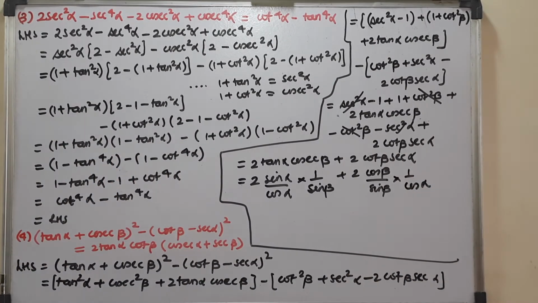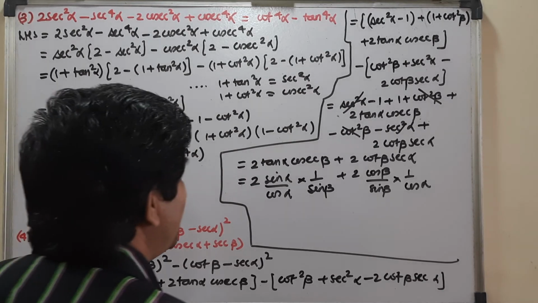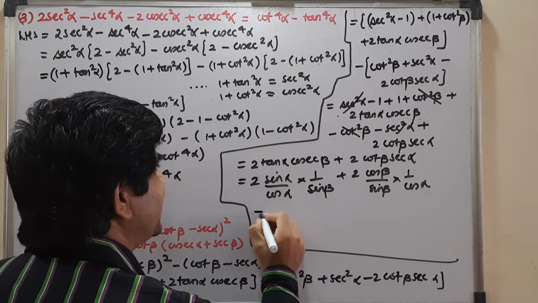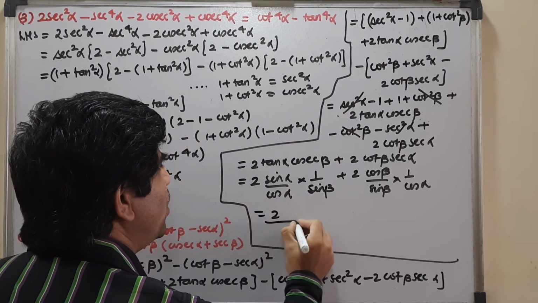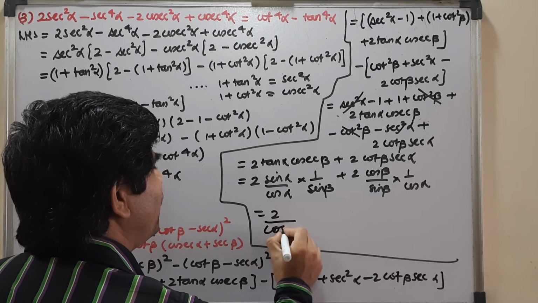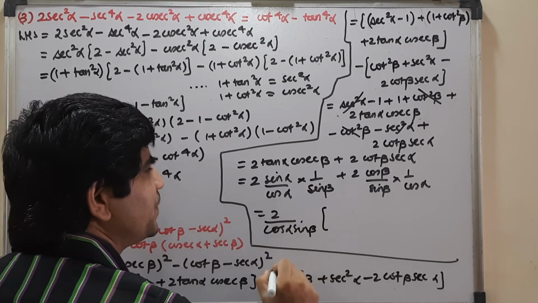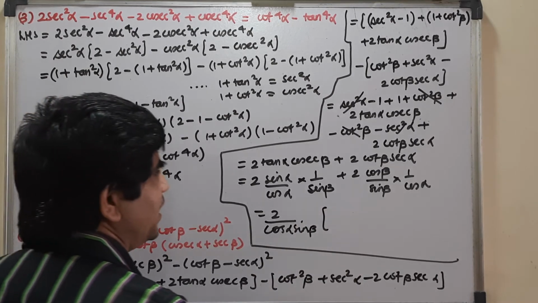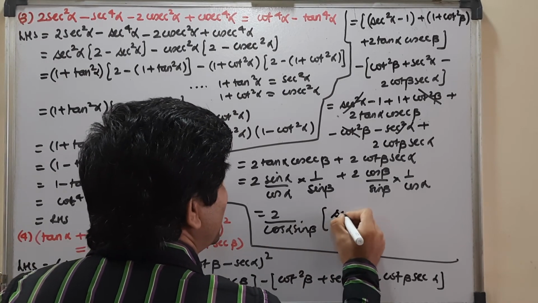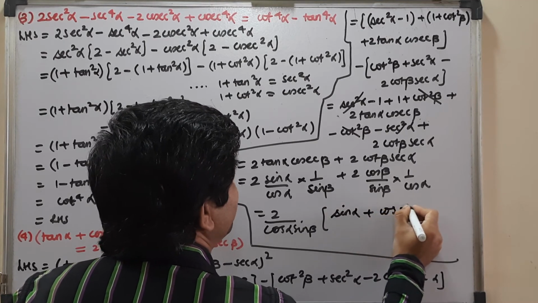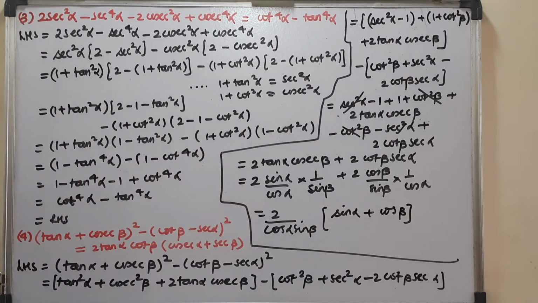Only you have to take care that the alpha squared you have written is written correctly or not. Here I can see 2 is common, cos alpha is common and sin beta, so I am taking 2 upon cos alpha sin beta common. And what I remain here is 1 sin alpha plus cos beta, agreed.